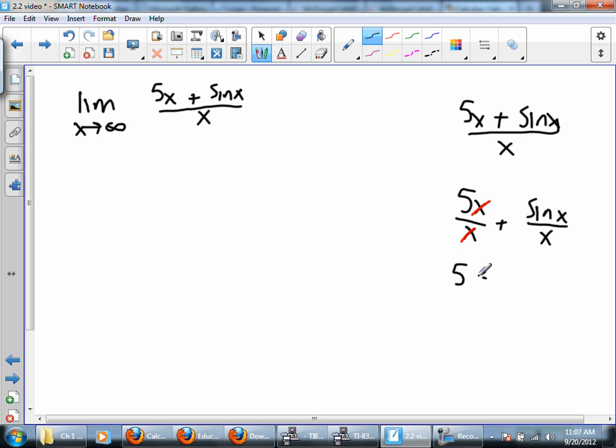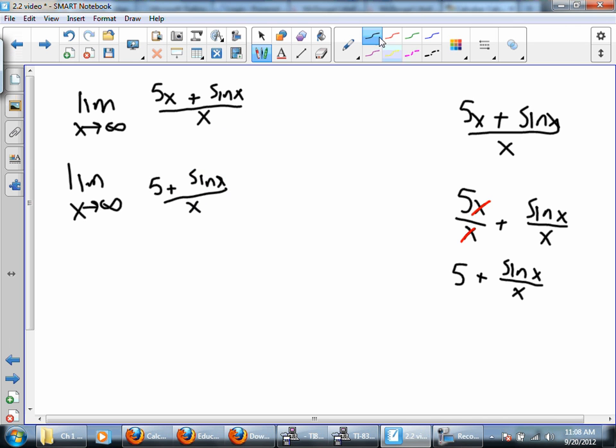The thing that's really nice about this is that we may not know how some of these limits work, but we do know how the limit of sine of x over x works. We just did that in one of our previous examples. So we're going to rewrite this as the limit as x approaches infinity of 5 plus sine of x over x.